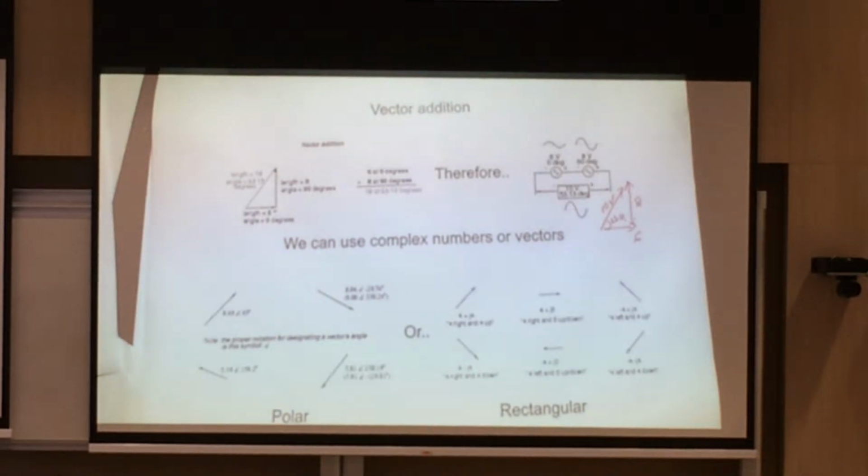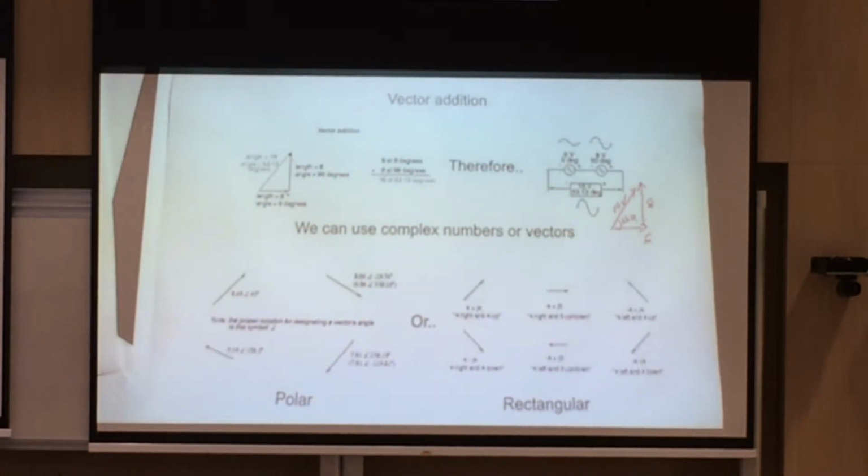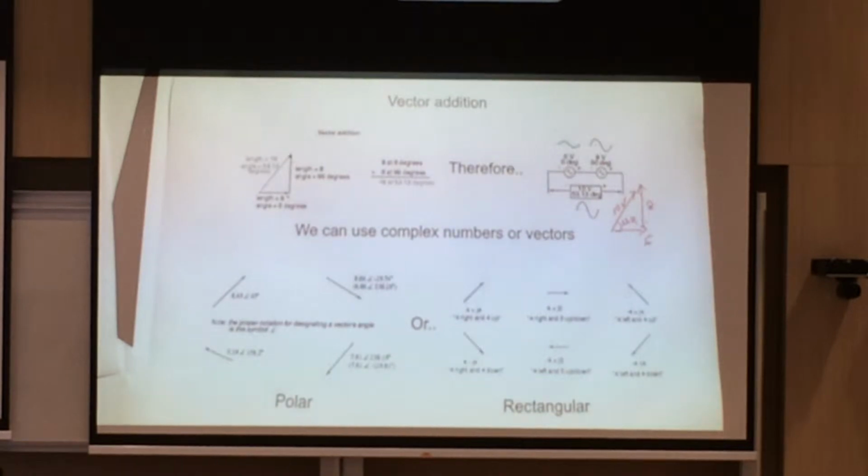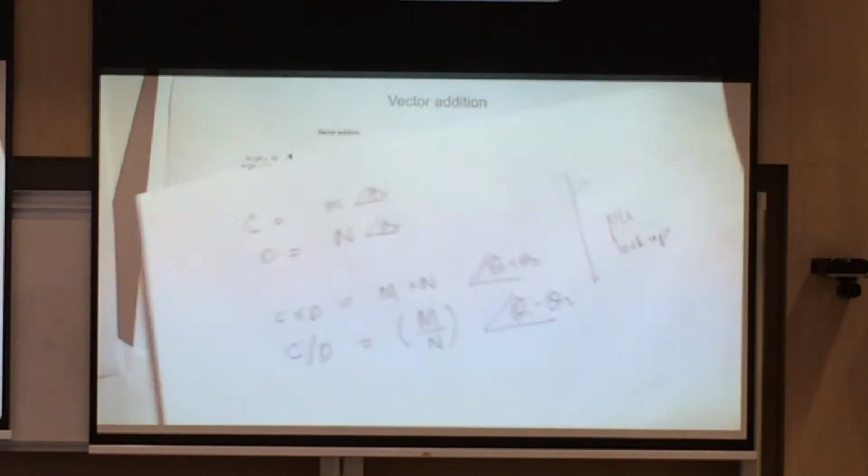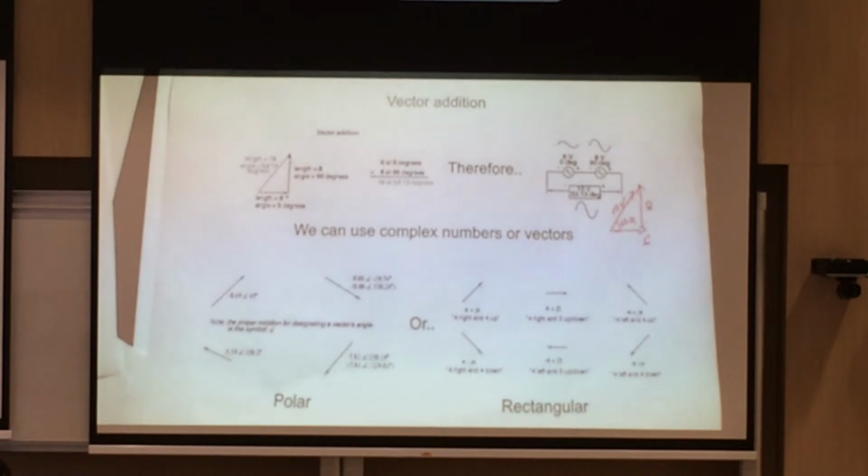When we talk about AC signals, class, it must be in terms of complex numbers. When we are talking about phasor, it is in complex number. And when you talk about complex number, there are two things you need to know: either you do multiplication or you do addition.